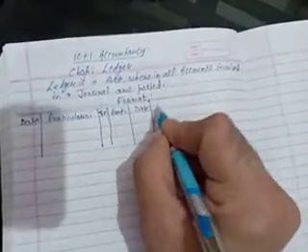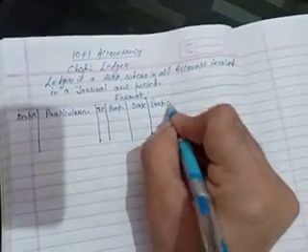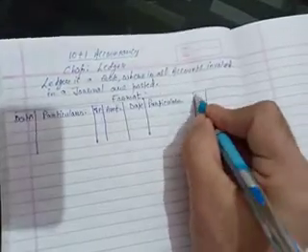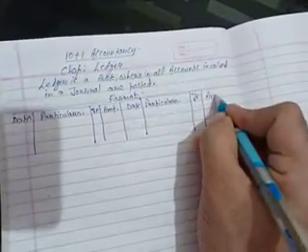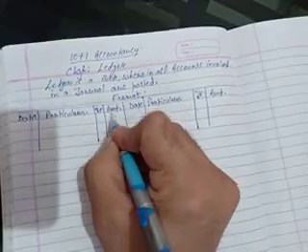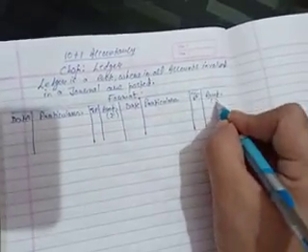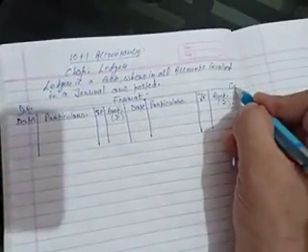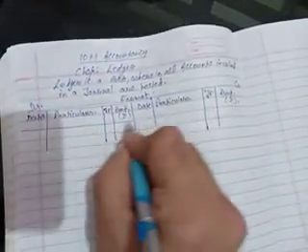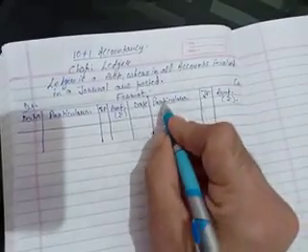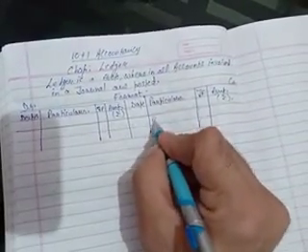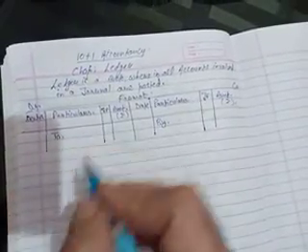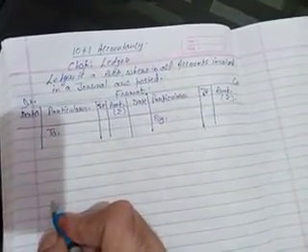Similar on the right hand side: date, particulars, journal folio, amount. This amount is in rupees. This is the debit side, this is the credit side. Here every transaction starts with 'By' and here it starts with 'To'. Is it clear?